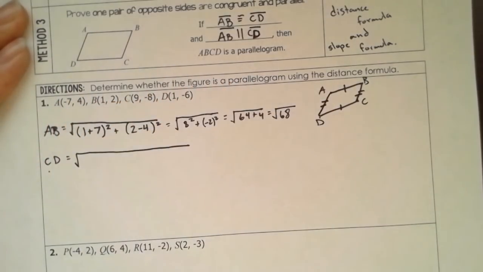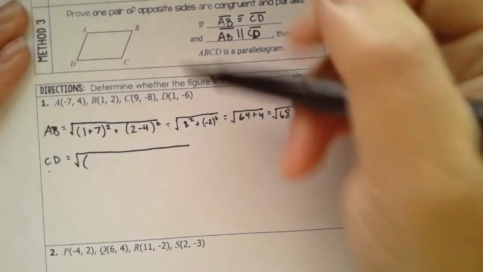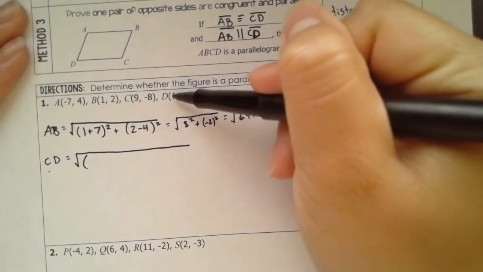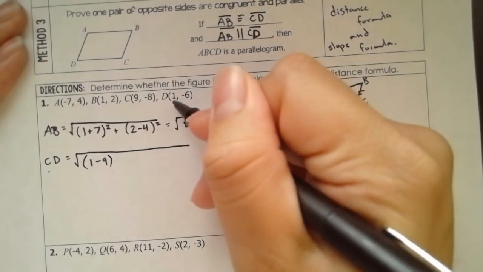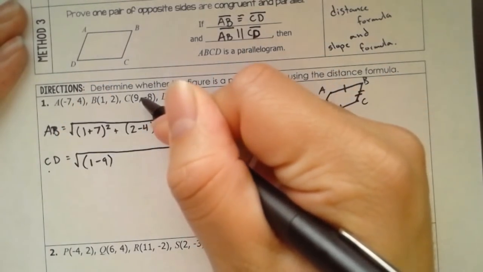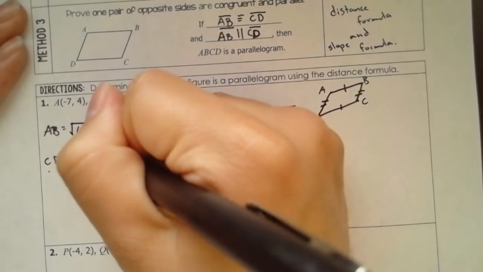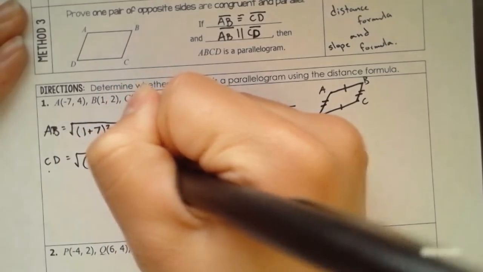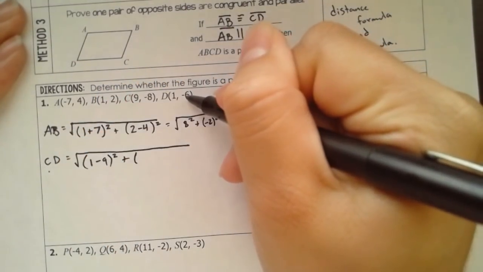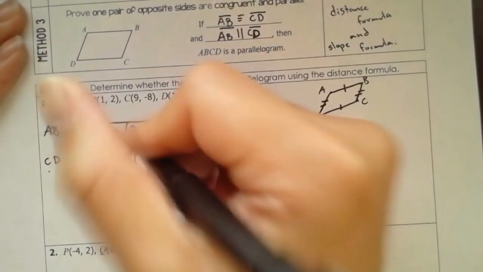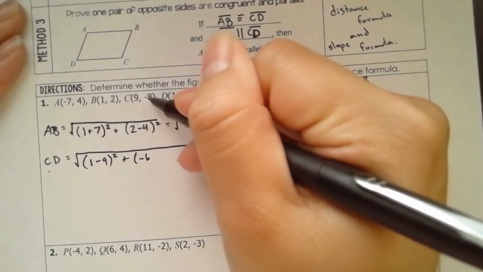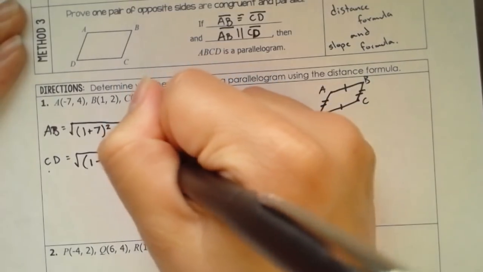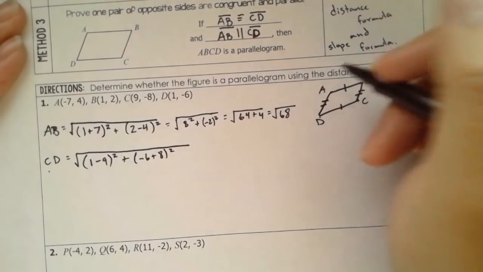Okay, there's my square root. I have x2, so 1 minus 9. That's x2 minus x1 squared, plus, then I have y2, negative 6, minus negative 8, it becomes plus 8, so plus 8 squared.